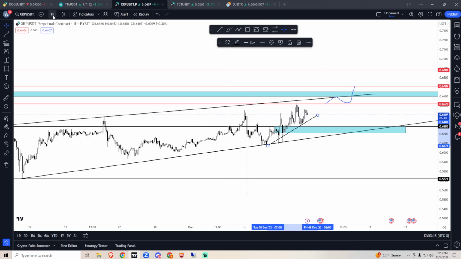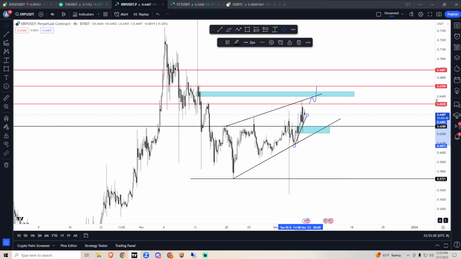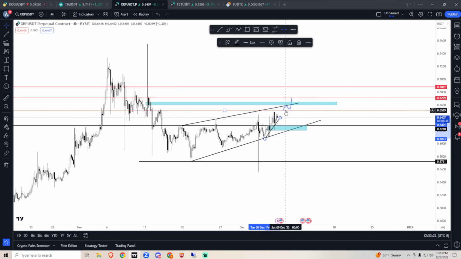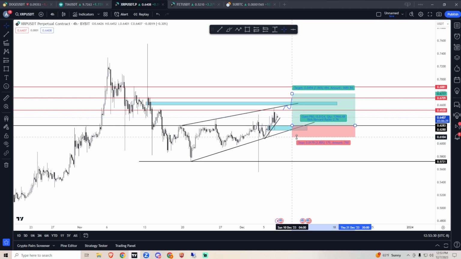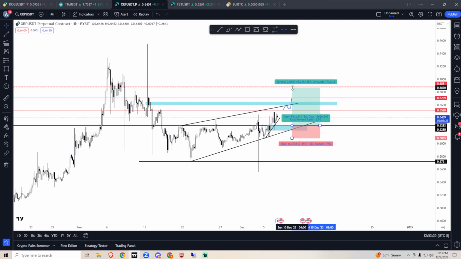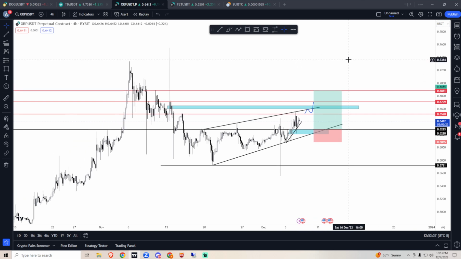So I'm not really sure. I wouldn't long again until this is flipped to support, or you long support with probably stops below previous lows and target higher, something like that. So long on the flip or something like that.